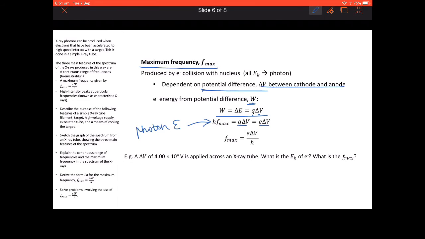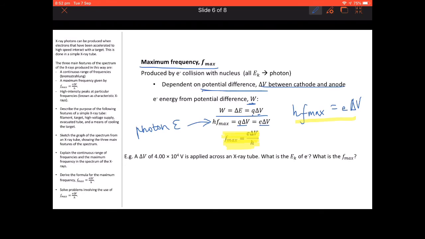If we rearrange that equation, Planck's constant multiplied by max frequency equals the charge on an electron multiplied by the potential difference, we get an equation for the maximum frequency of the X-ray photons released. You're just dividing both sides by Planck's constant.